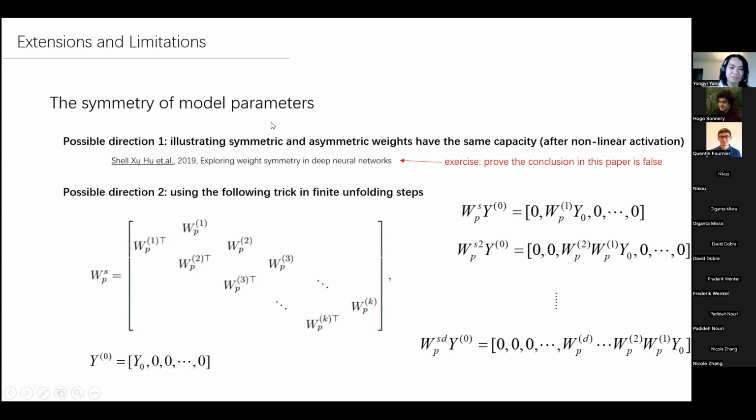So the symmetric model parameters, I think, is still a direction to explore. If you want to explore this direction, you can consider these two directions or other ideas. And if you want to discuss, you can just send me an email with any ideas you have to solve this issue.